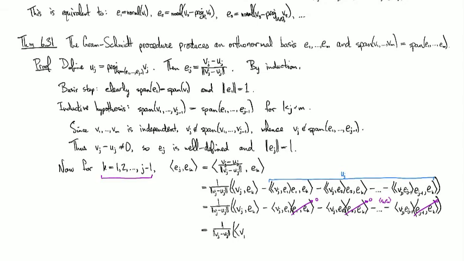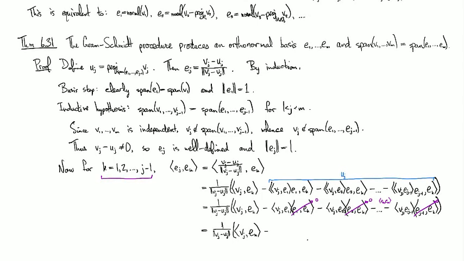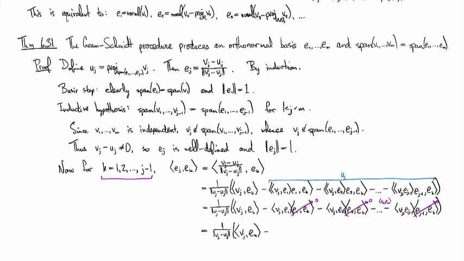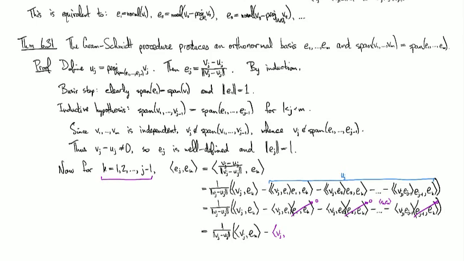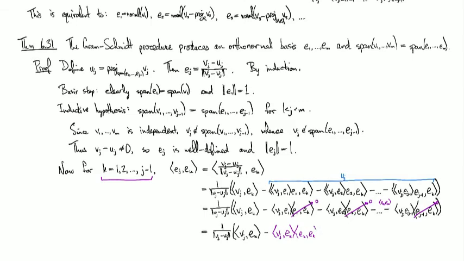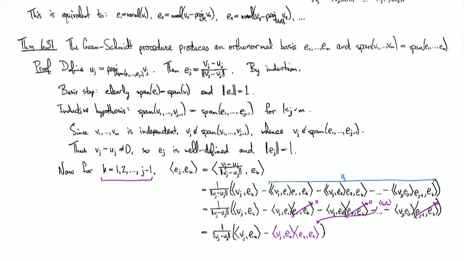So we've got our first term. And then we've got the only thing that survives from out here, Vj against Ek, the one where the subscript on the E was k. And everything else was a 0.